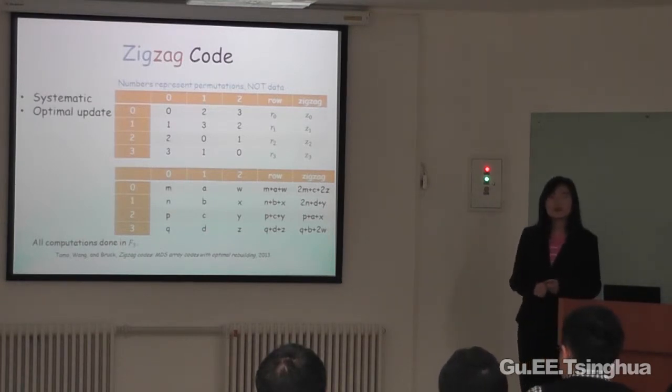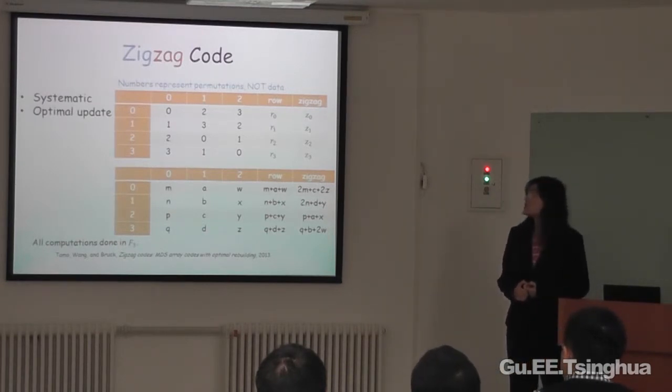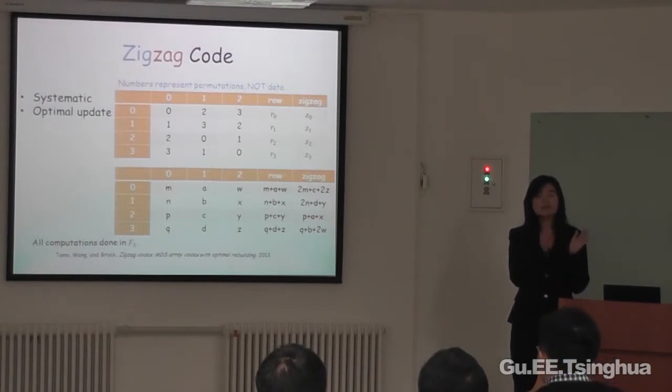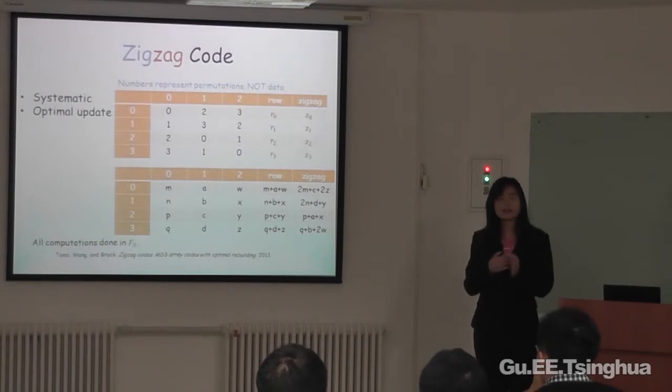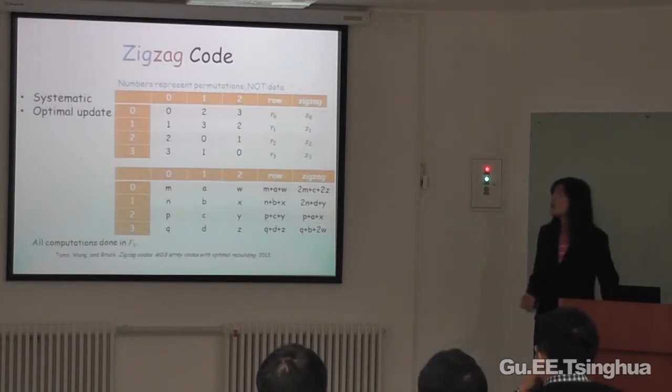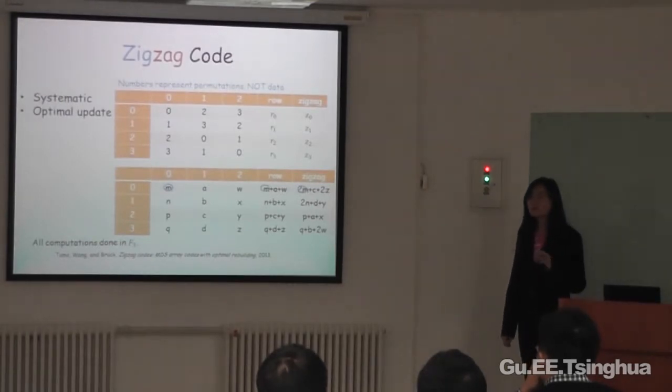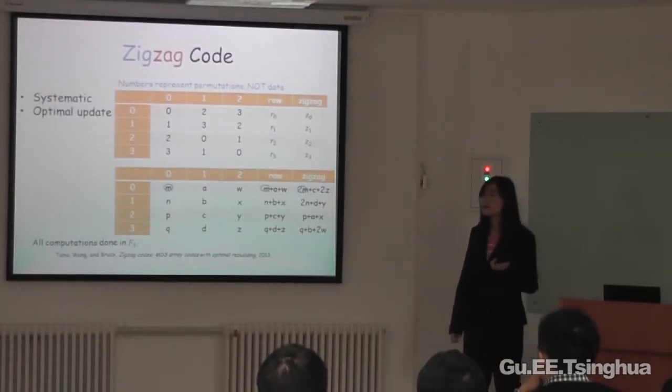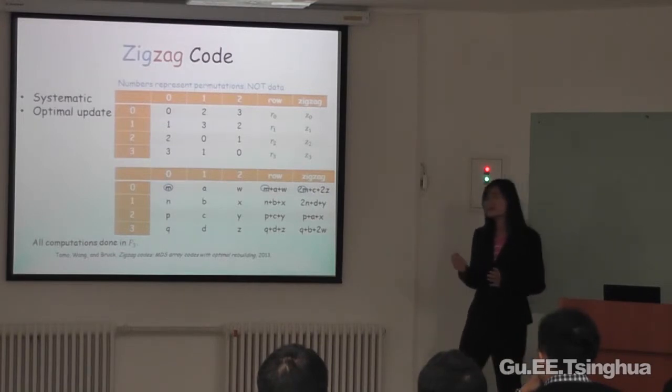The code has the properties that first it is systematic, meaning that all the information is stored in the first 3 nodes, and all the parities are stored in the last 2 nodes. It is also the so-called optimal update, meaning that if I want to update the value of one of the elements, I only need to update it 3 times.